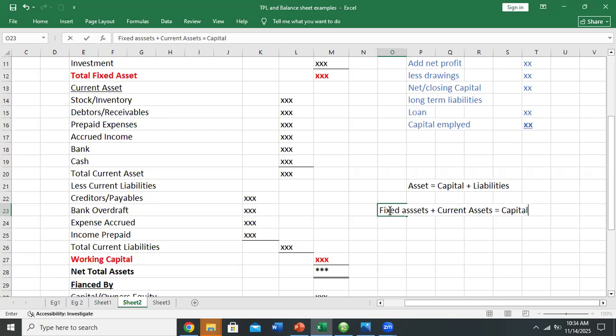And the liabilities are also current liabilities plus long-term liabilities. Now, we can explore more about this formula, okay? But the balance sheet is a representation of your accounting equation.